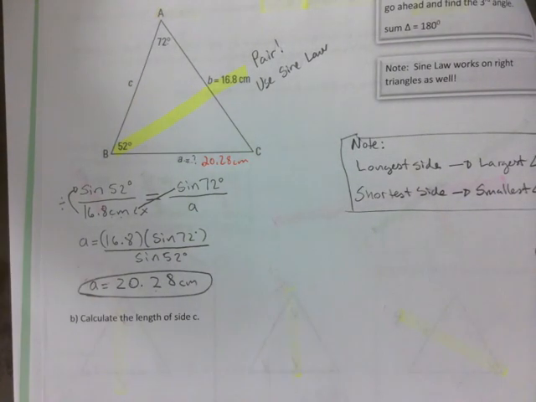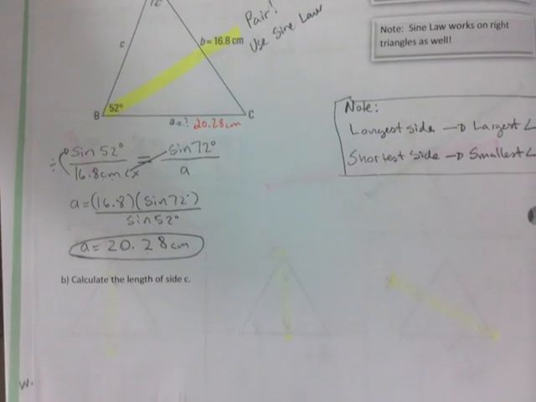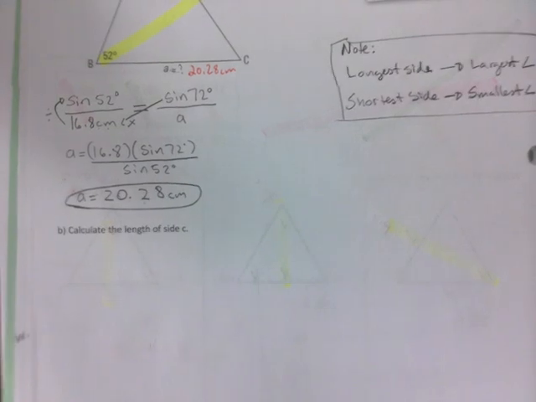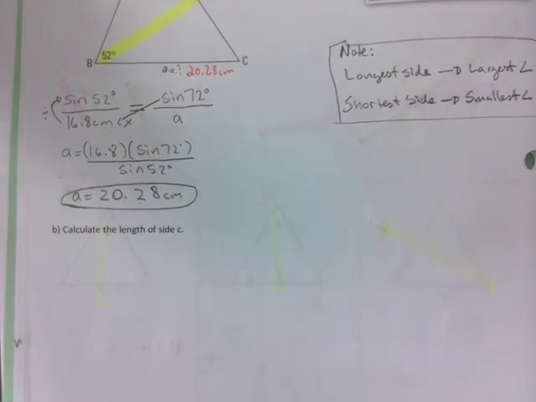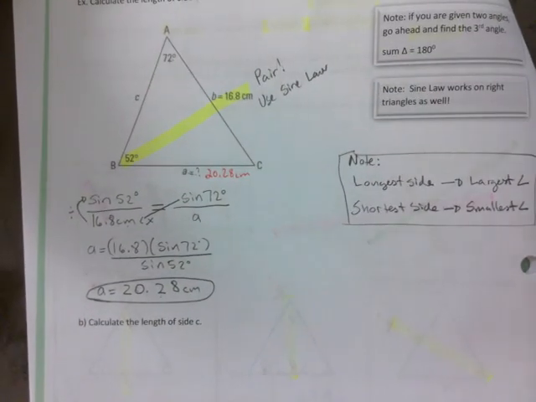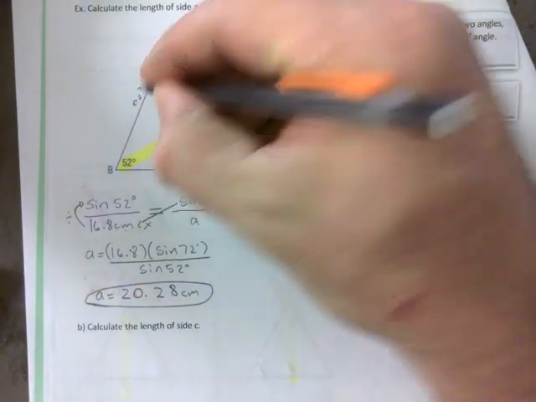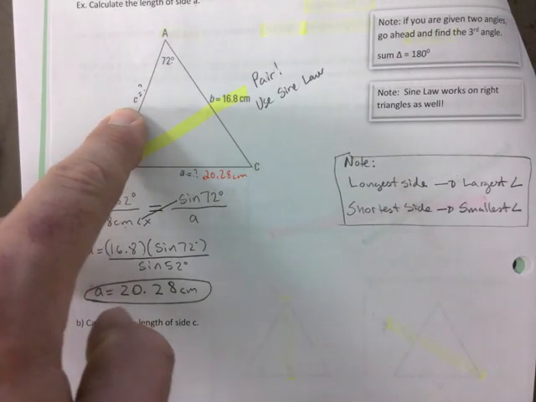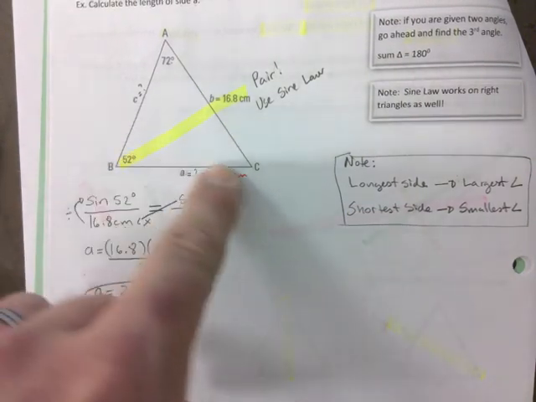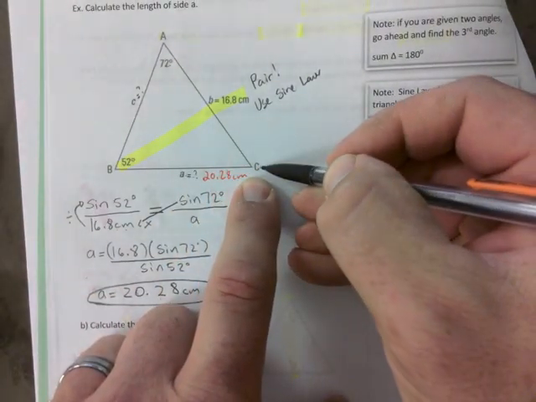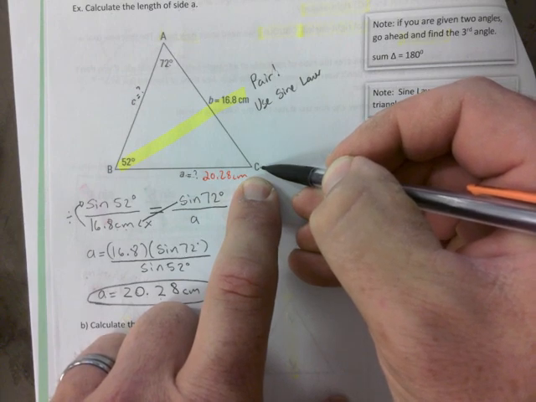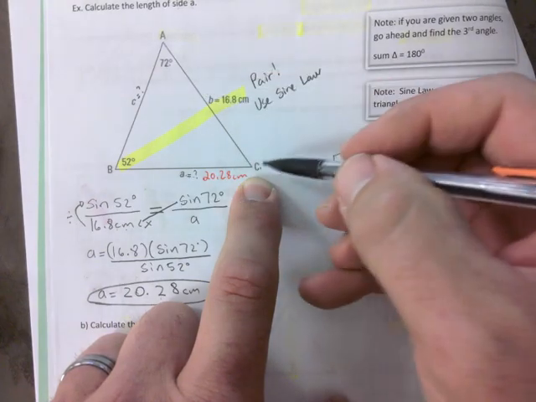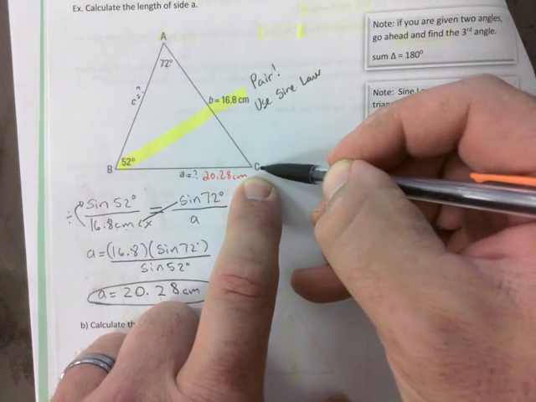So here we go. Let's do that. Calculate the length of side C. This is what we want for our second step. But there's a problem. We don't know what this angle is. We can find that angle, right? If you have two angles, you can find a third angle, no problem.